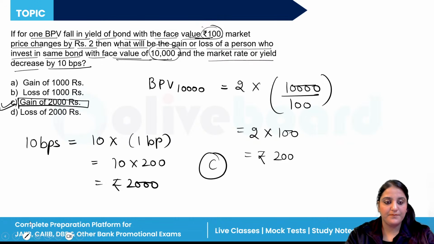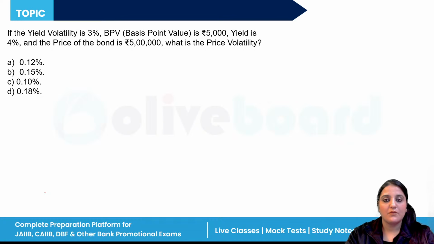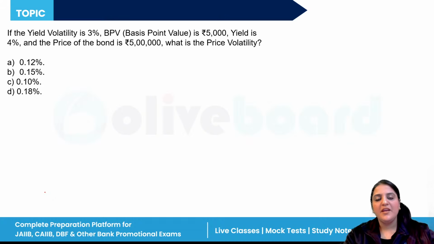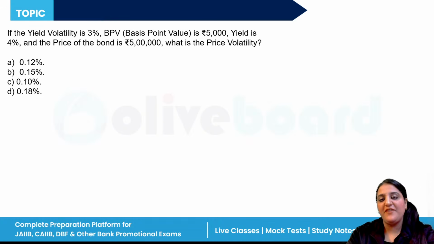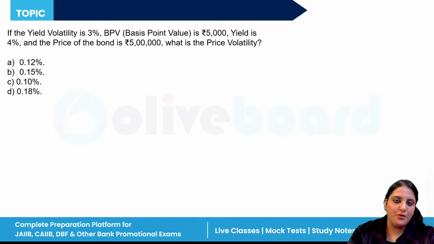Third question. If the yield volatility is 3%, basis point value is given here, which is 5,000, yield is 4%, price of the bond is 55 lakh. What is the price volatility?